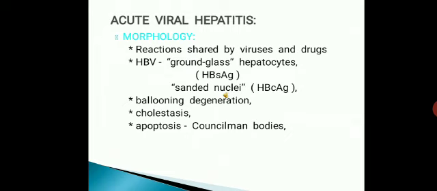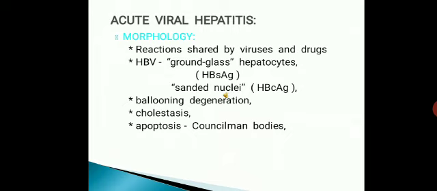Acute viral hepatitis, morphologically: this reaction is shared by the virus and drugs. The changes in the liver can be of different types. In hepatitis B virus, there is a ground glass appearance of the hepatocyte. Ground glass appearance gives an eosinophilic type appearance, and this is mainly due to the hepatitis B surface antigen.